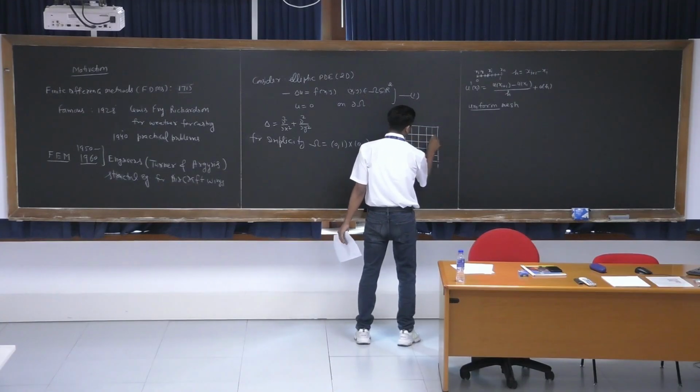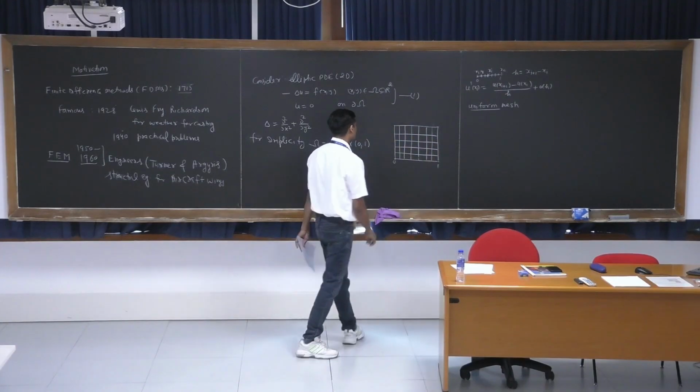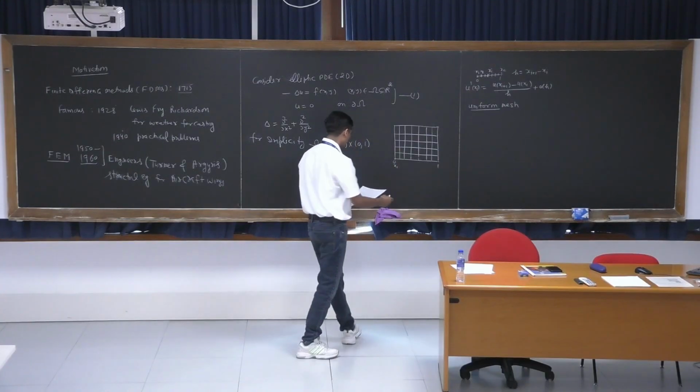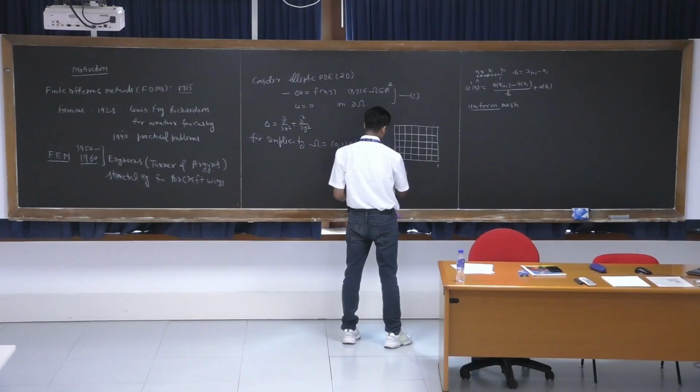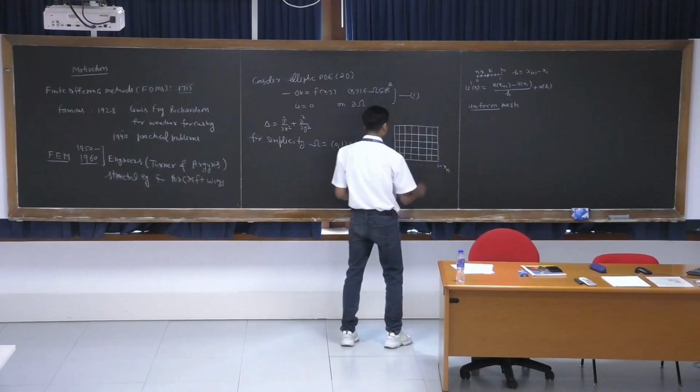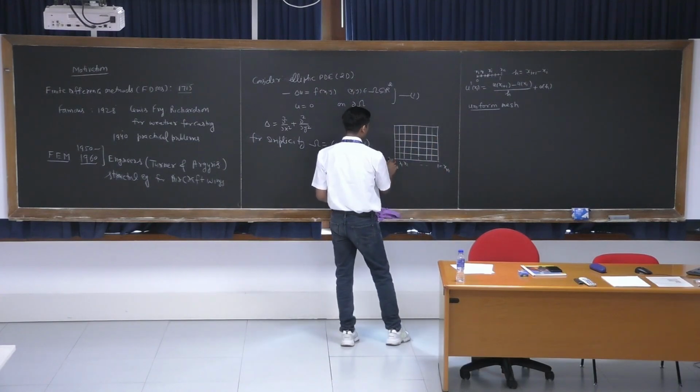Because this is our two-dimensional problem, here I am saying this is x0, this is x1, this is x2, and suppose this is at 1, this is xn. In the same way, suppose this is y0 here, this is y1, and this is yn.